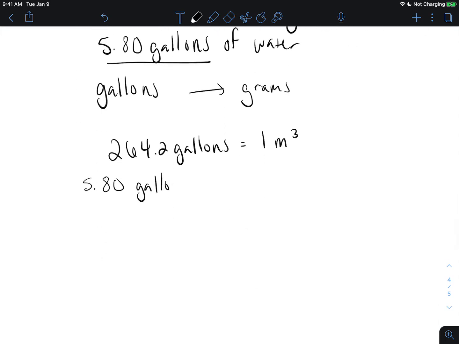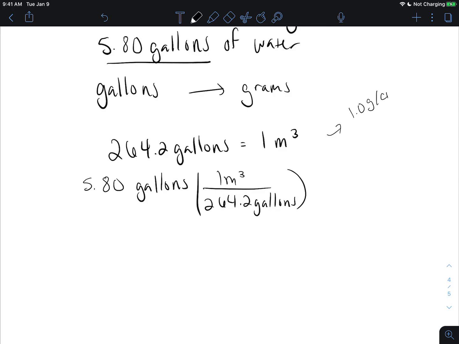gallons, 264.2 gallons per 1 meter cubed. And now we need to go from meters cubed into a unit that we can use to calculate our mass. We have water, so remember it's 1.0 grams per centimeter cubed. So we need to go from meters cubed into centimeters cubed.